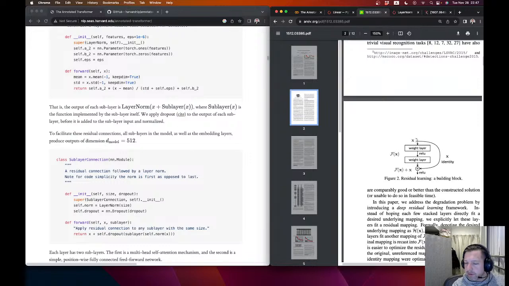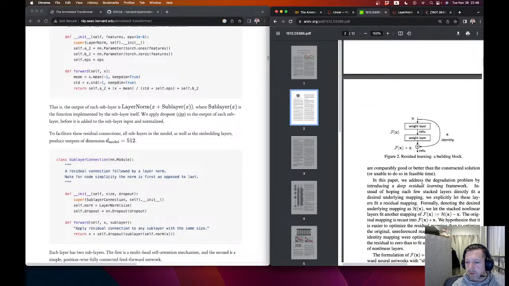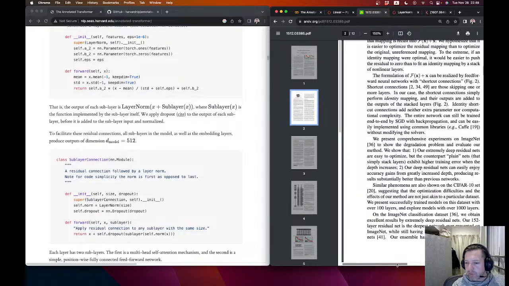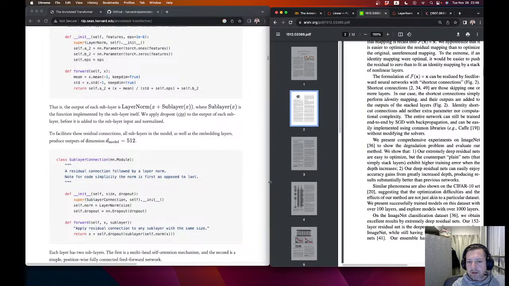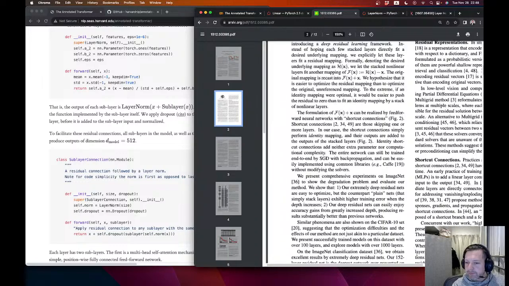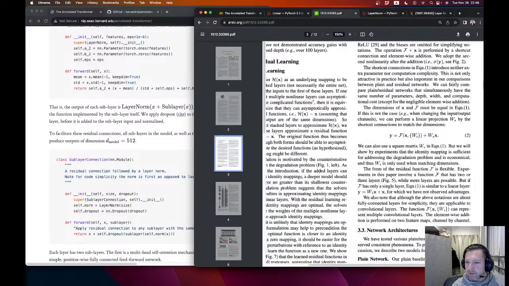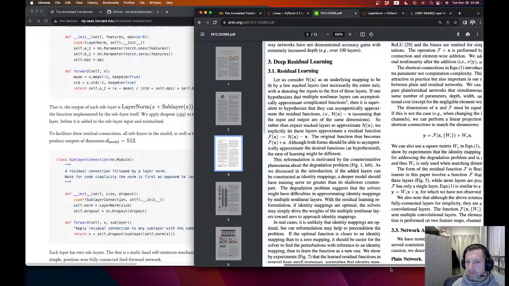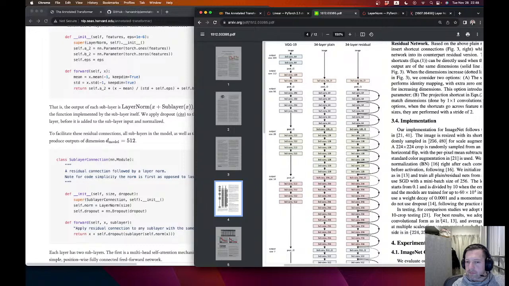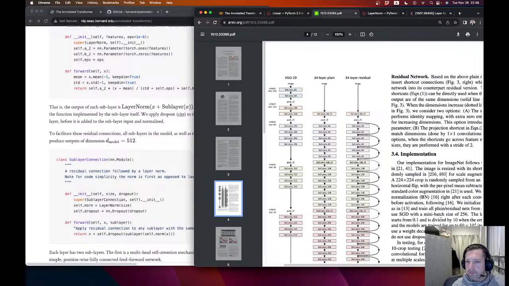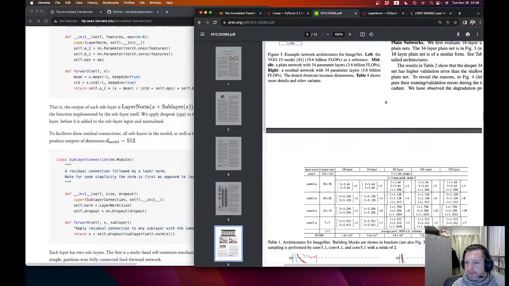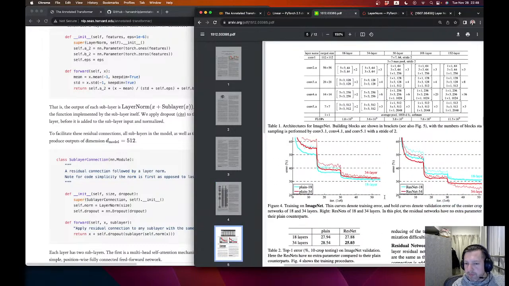So it sort of bypasses the output, adds it back, and then I guess at some point I'm assuming that they take that layer norm that we saw earlier again. Interesting. Yeah, and then I'm guessing this is kind of the architectures that they compared.